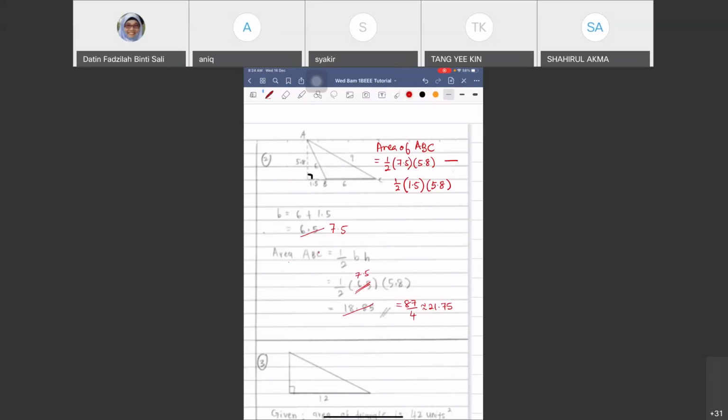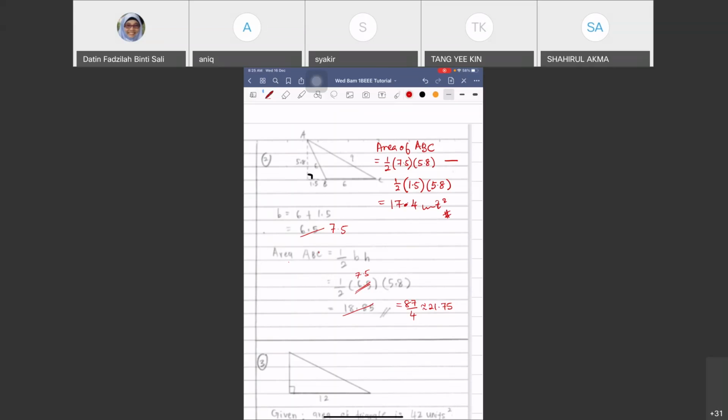So straight away then you get the area of triangle ABC. Can someone compute that? How much do you get? 17.4. Unit square. So you subtract the bigger one and the smaller one, and you get your area ABC. Okay, so that is question 2.